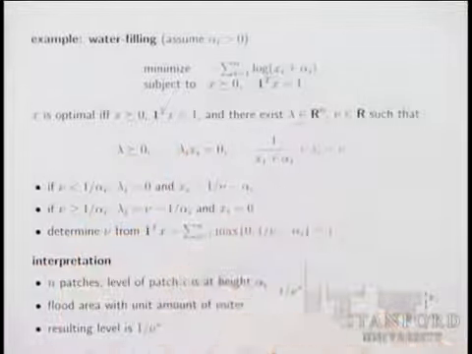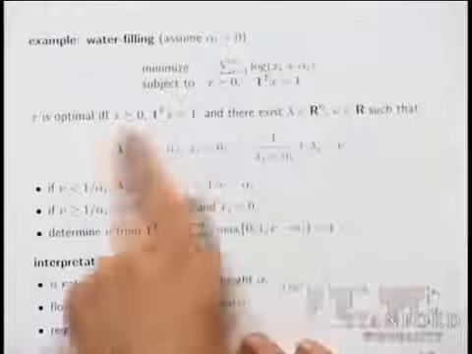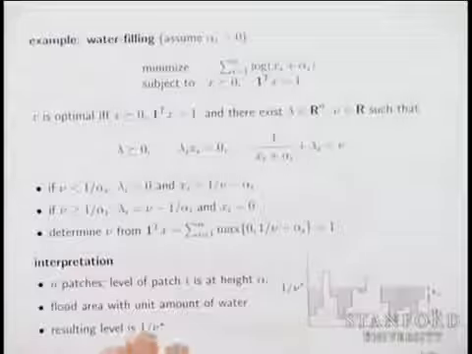But 1 over xi plus alpha i, if xi goes between 0 and 1, varies between 1 over alpha and 1 over alpha plus 1. So in particular, if nu is less than 1 over alpha i, then you absolutely must have lambda i equals 0, period. And then in fact you get xi. xi is 1 over nu minus alpha i, just by solving these equations. I'm just arguing from the KKT conditions.